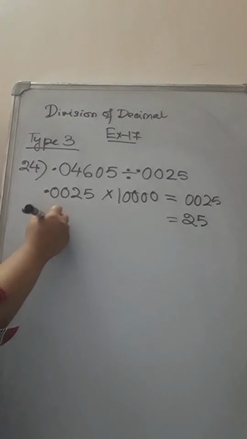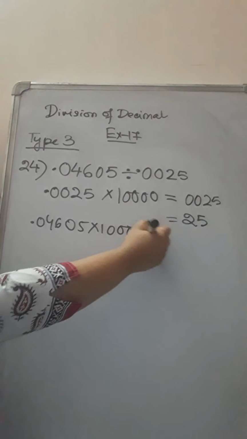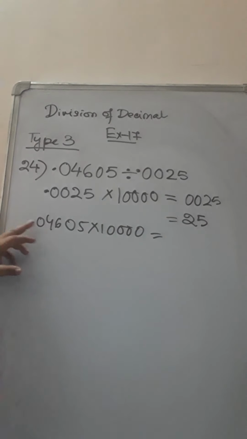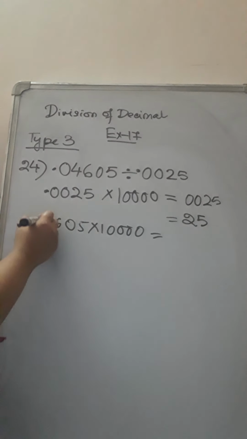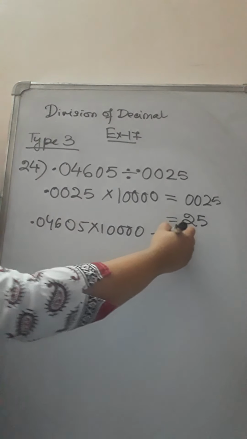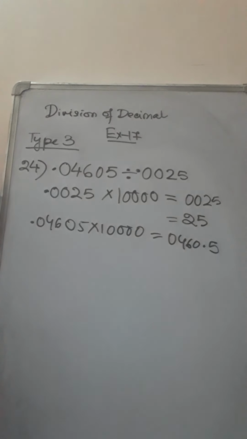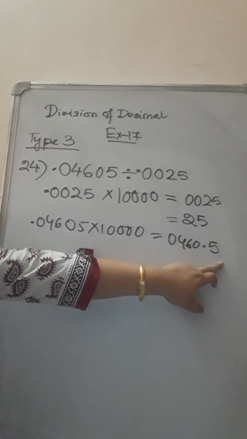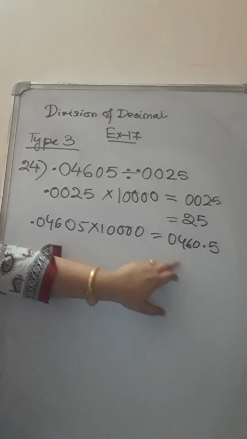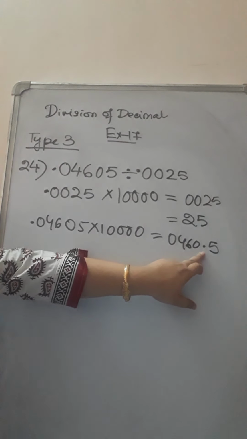So 0.04605 into 10,000. Here also 4 zeros, the point will shift 4 places, 0460. Now here I cannot remove the point because after the point you have decimal places, but the number before the point is 0460.